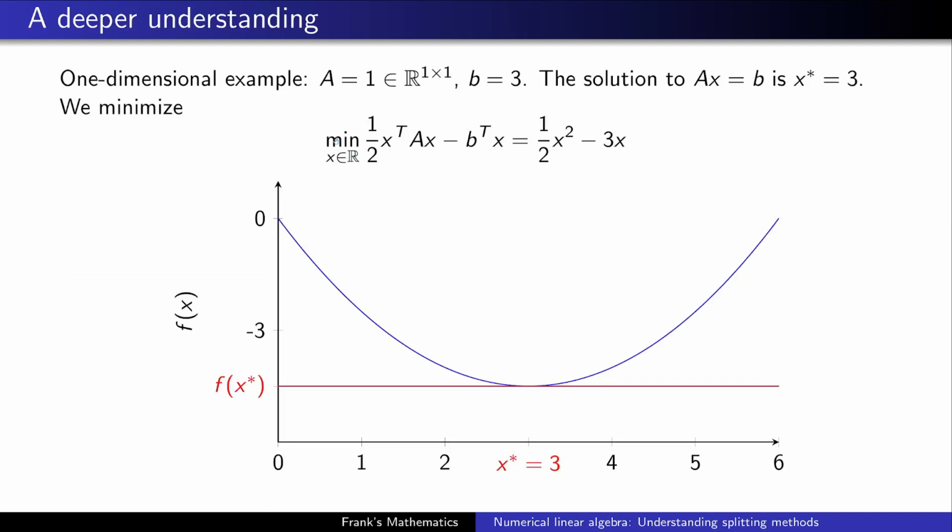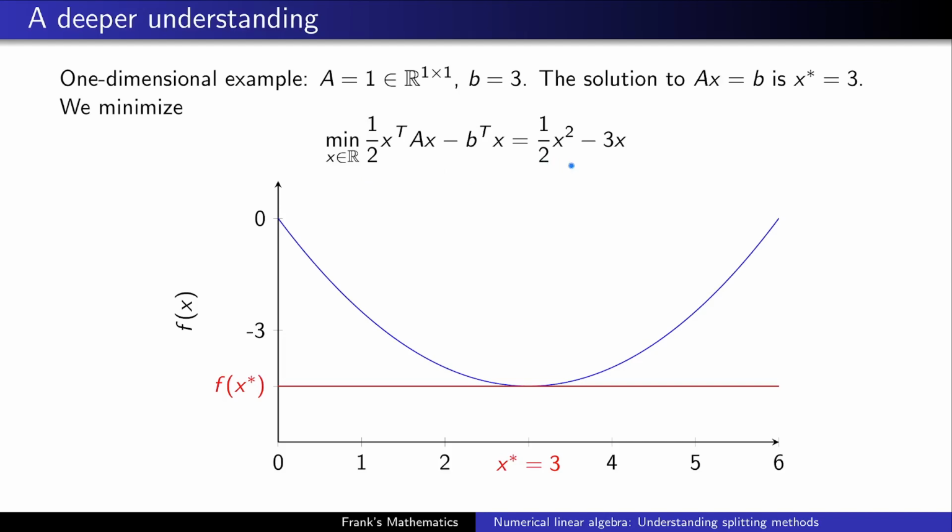Here's a quick example of how this may look. Of course, this is a one-dimensional example, so A is just 1, a 1 times 1 matrix, quite a boring matrix actually. b is chosen to be 3. Then the solution to Ax equals b is, of course, x star equals 3. And the function we want to minimize looks like this: 1/2 x times x minus 3x.